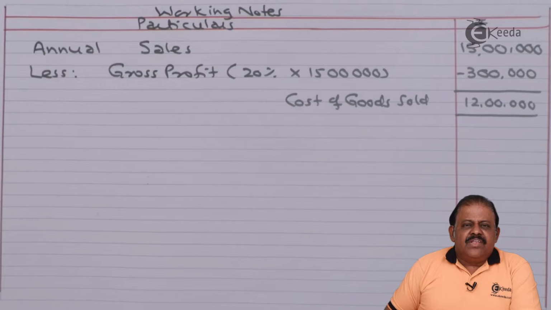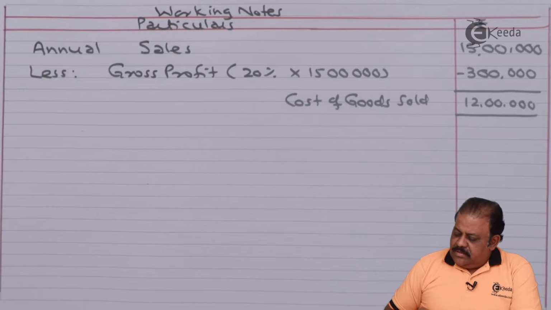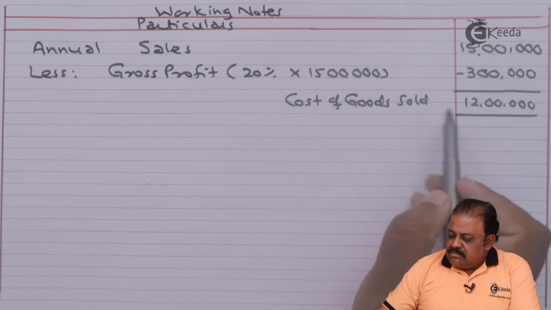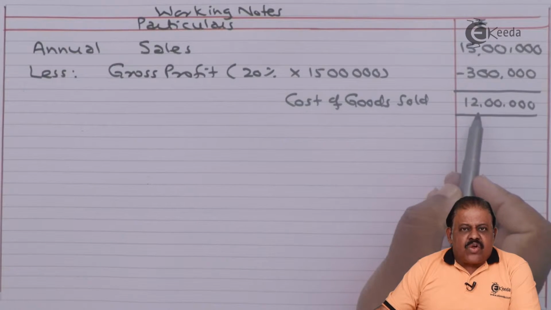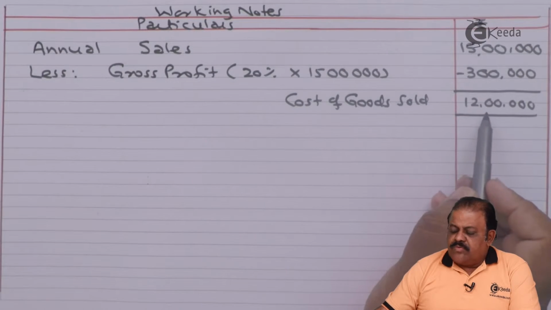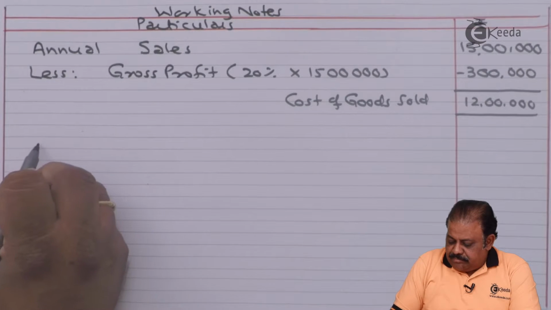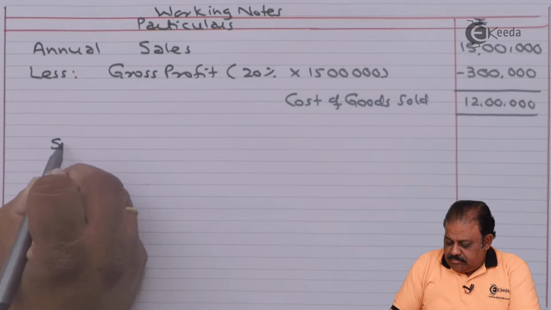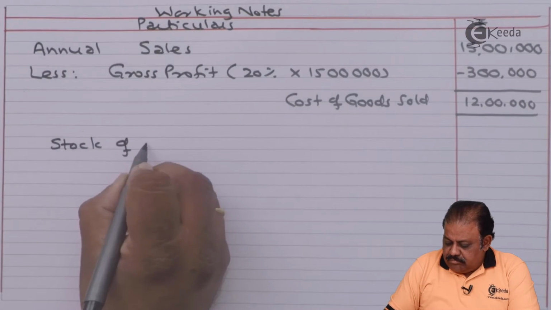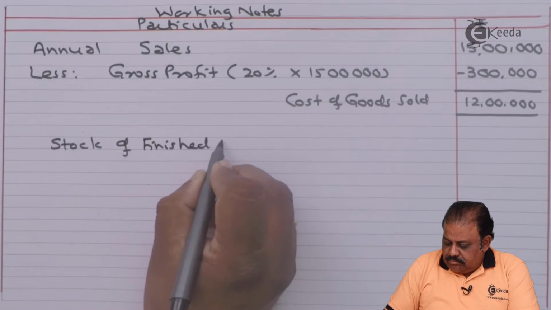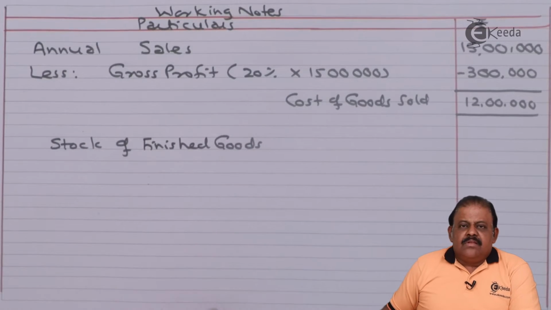It is clearly given in the question that sales and purchases arise evenly throughout the year. Therefore, we can calculate average stock held by the business based on this cost of goods sold. There are 12 months in a year.